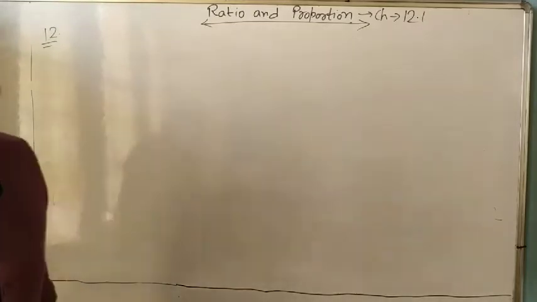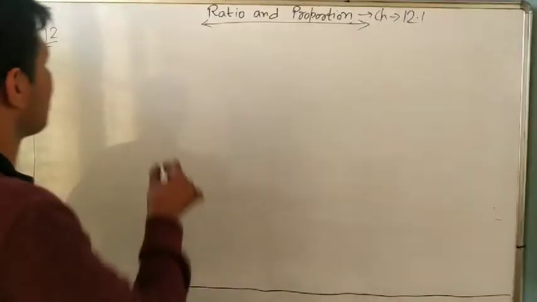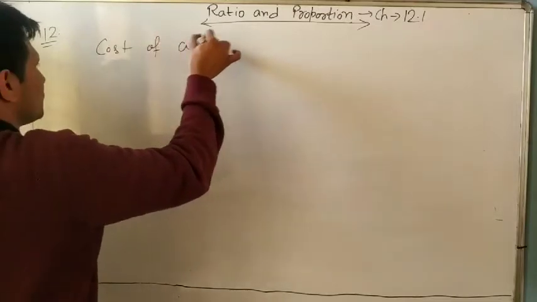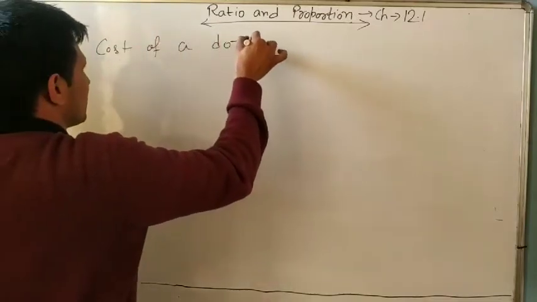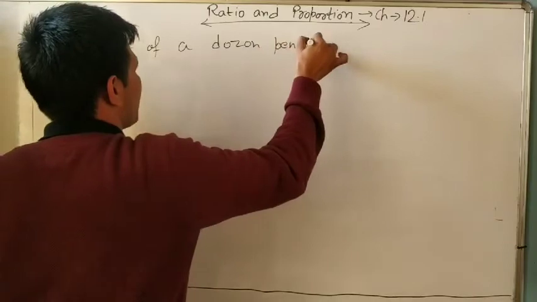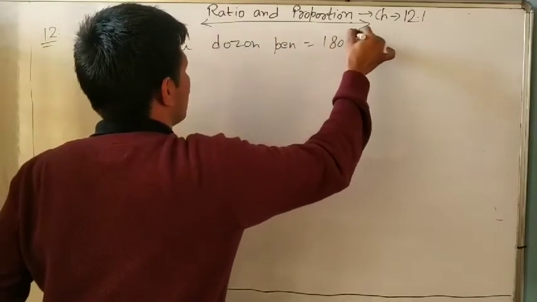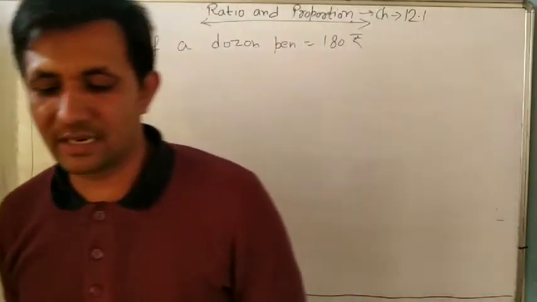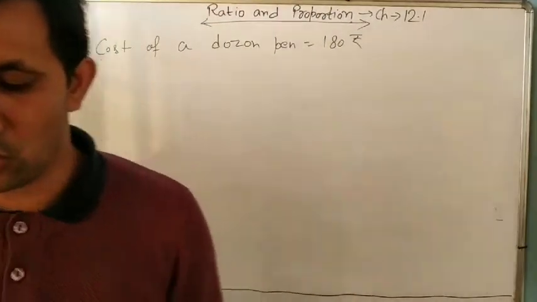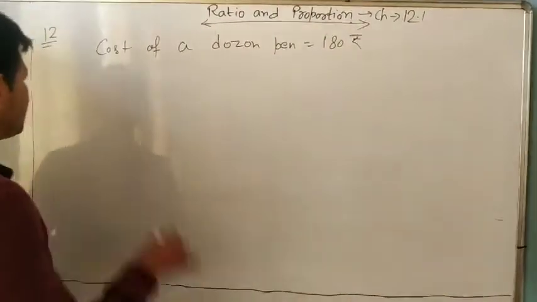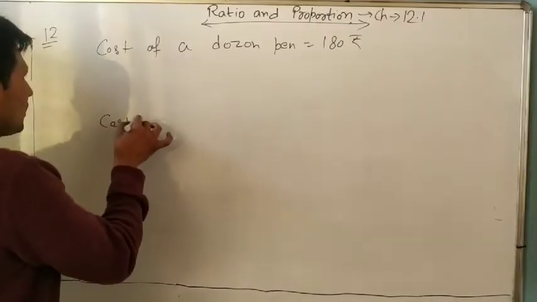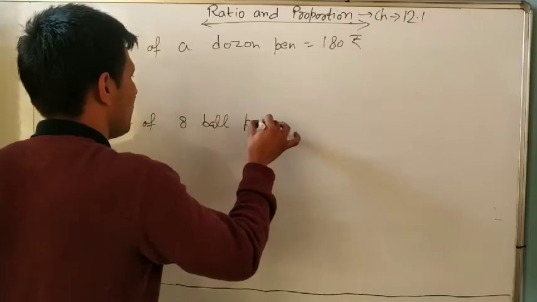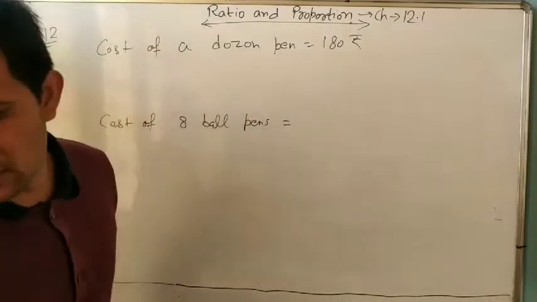Question number 12. Cost of a dozen pens is 180 rupees. Read the statement first. Cost of a dozen pens is 180 rupees. Cost of 8 ball pens, how much?